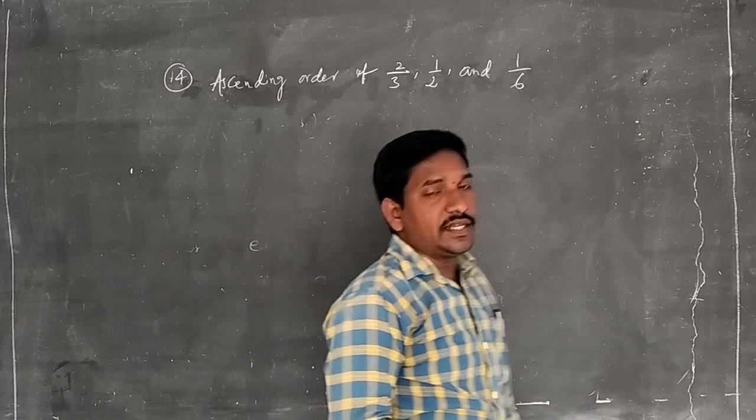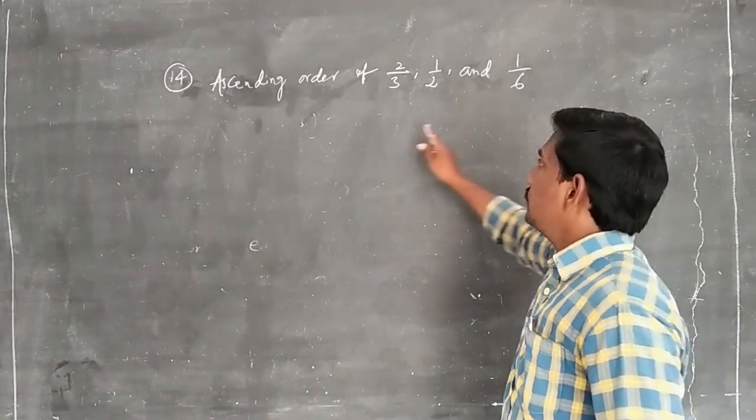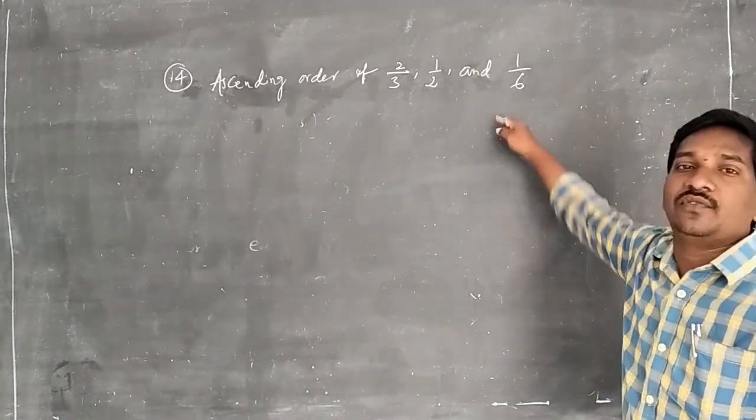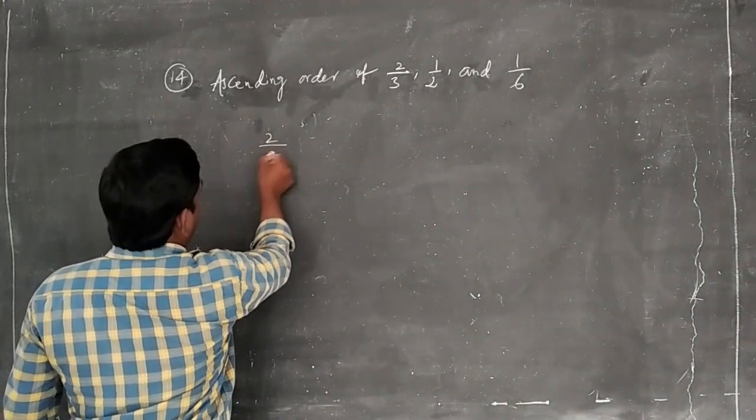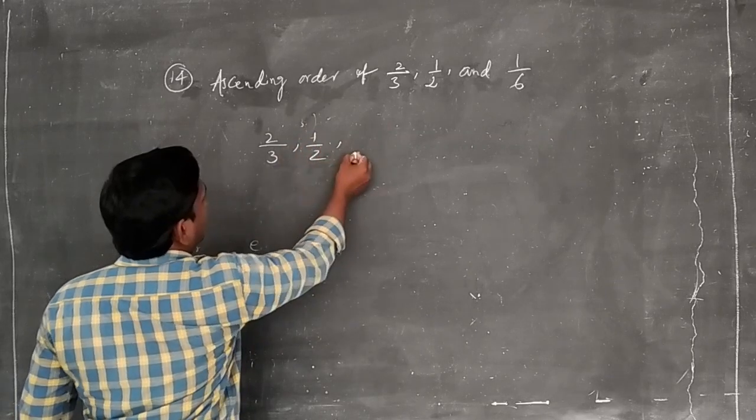Now, to make the ascending order, first of all we have to find the LCM of the denominators. Take 2 by 3, comma 1 by 2, comma 1 by 6.